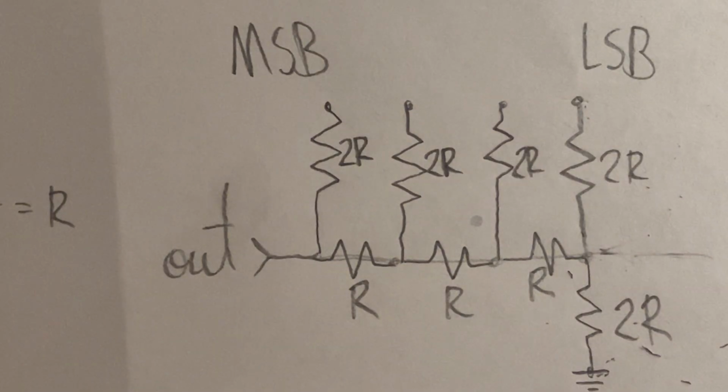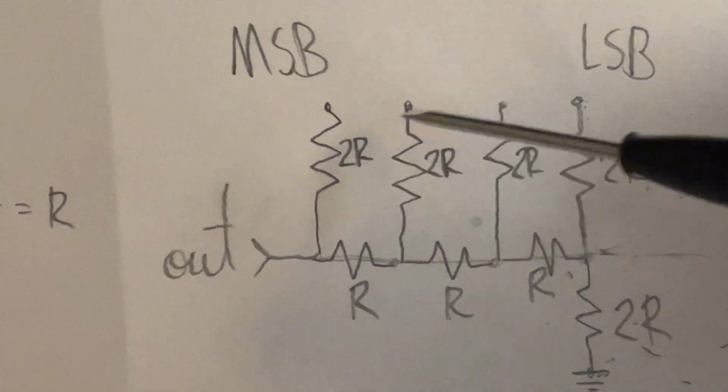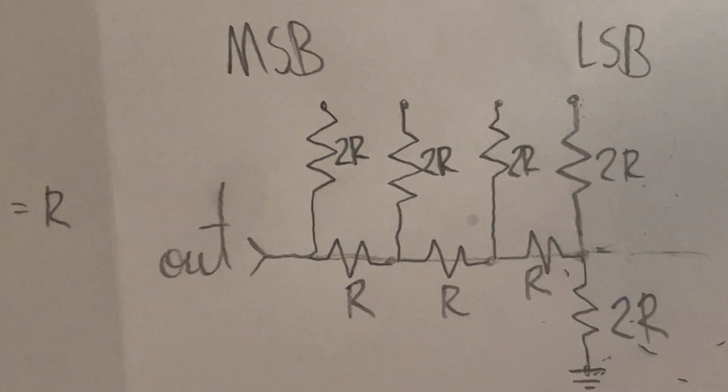All right, so this is the same circuit we had earlier, right? And we are going to calculate it using Thevenin and superposition theory. So the first thing we're going to do is set all of the outputs to ground. So 1, 2, 3, 4. You're all ground now, right?